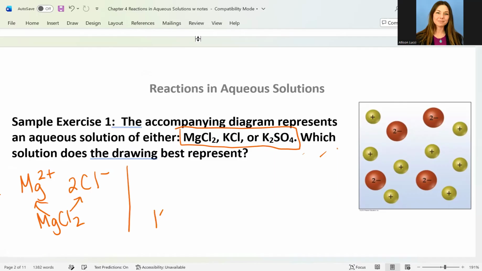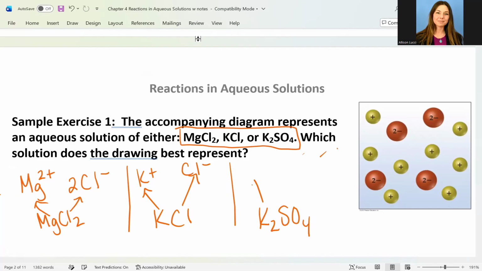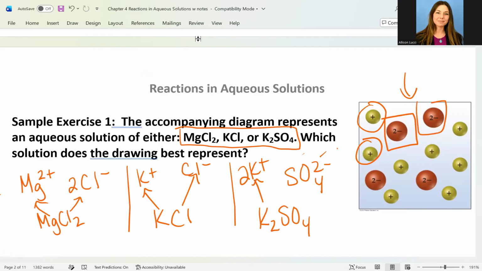Then I have here KCl. If I ionize that, I'm going to get potassium ions and chloride ions. And last, from K2SO4, potassium sulfate, I will get 2 K plus ions and 1 SO4 2 negative ion. So what I see in this image is 2 positive 1 ions for every 1 negative 2 ion.